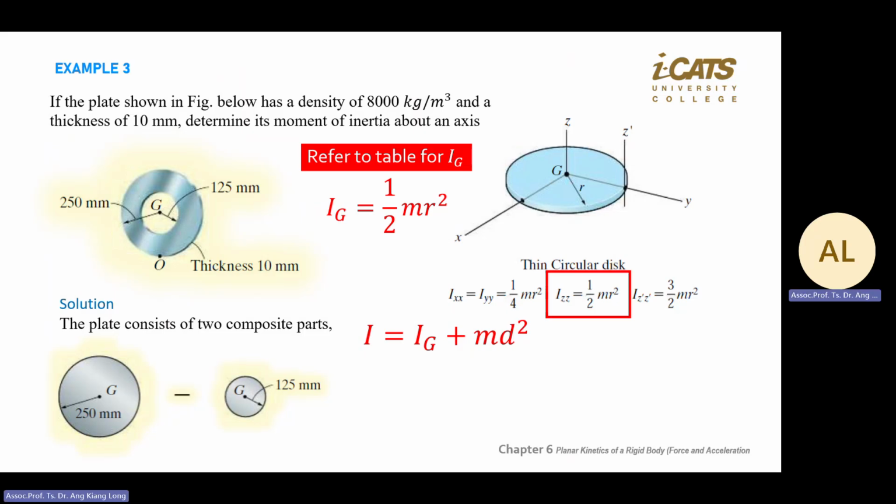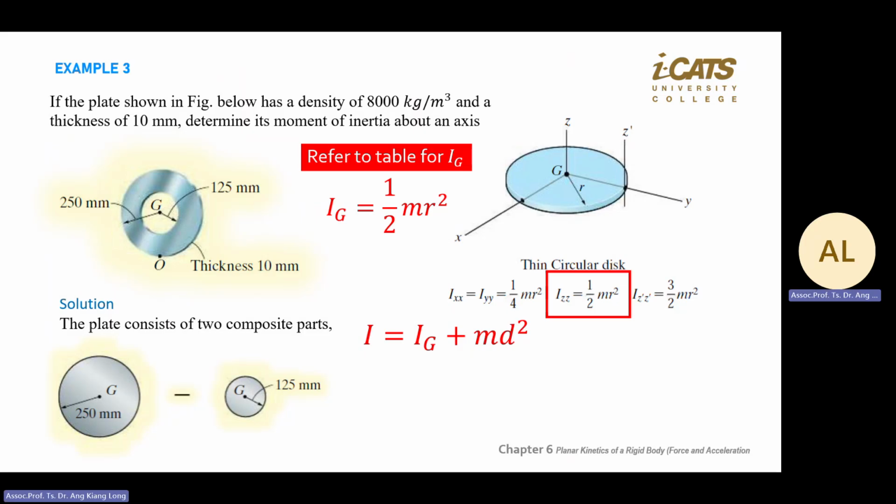The mass you need to find. This is the mass of the whole ring, not after you poke a hole there, the original ring. So M1 is this ring. You find mass by multiplying the density, which you are given, by the volume of the 250 mm circular plate. The same applies to the second one.